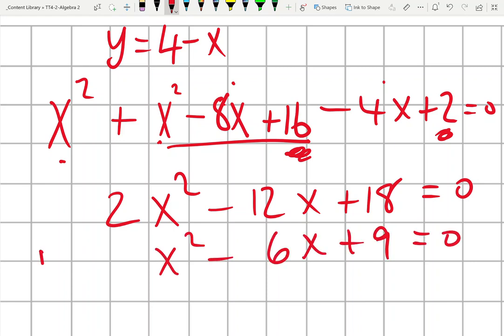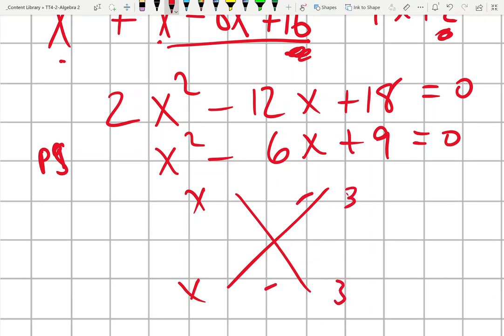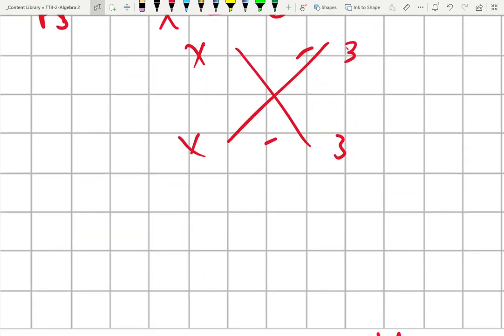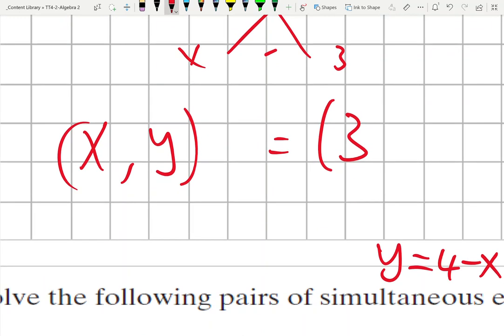This is a perfect square. If you didn't know that, you head into your frame. Now you know it. Four take 3 is 1.